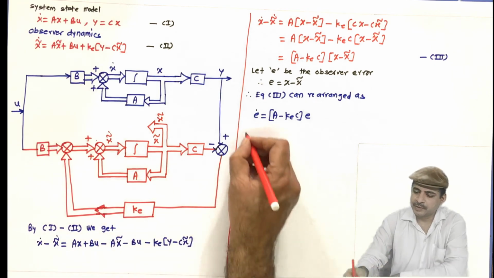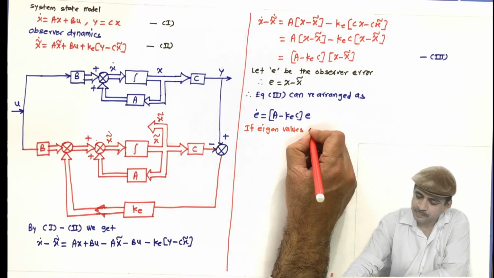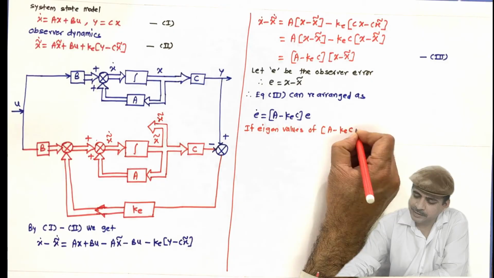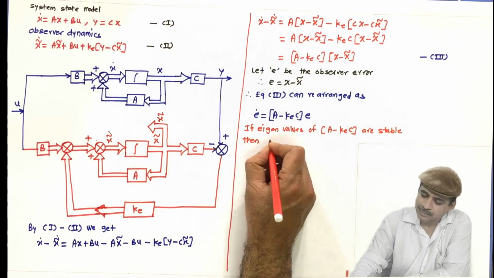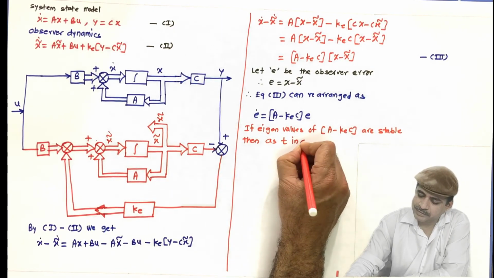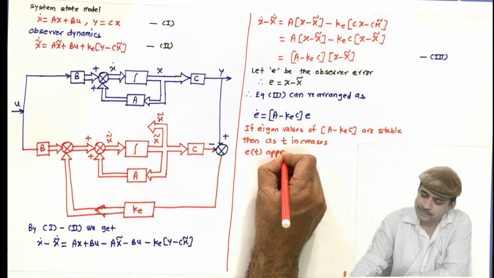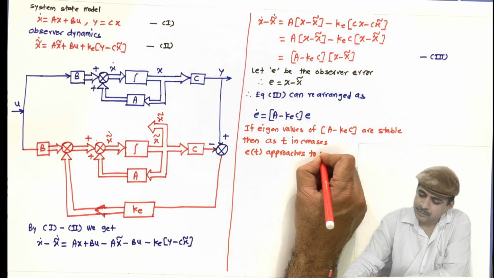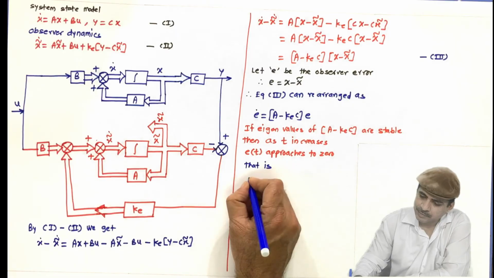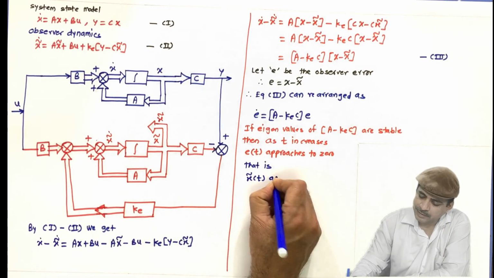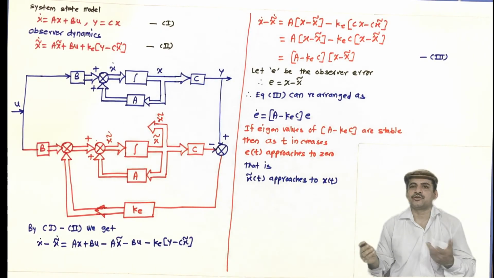So what I will say here, if eigenvalues of a minus kec are stable, then as t increases, E of t approaches 0, that is x tilde t approaches x of t, where x of t is the actual state.